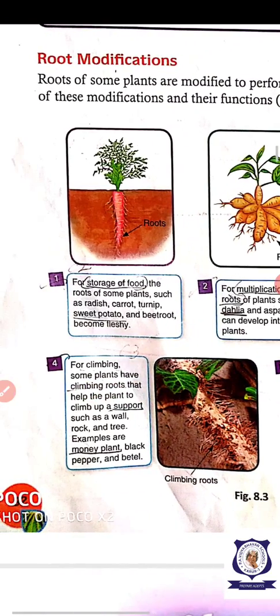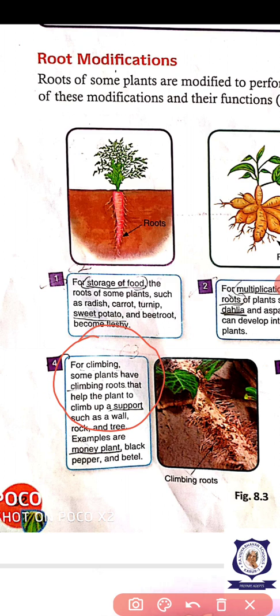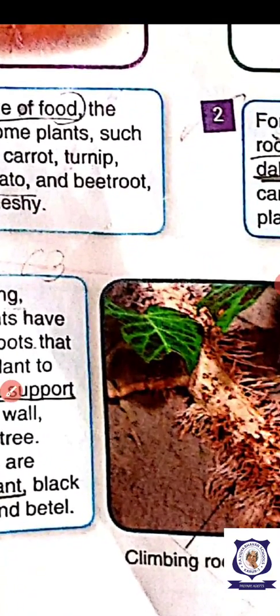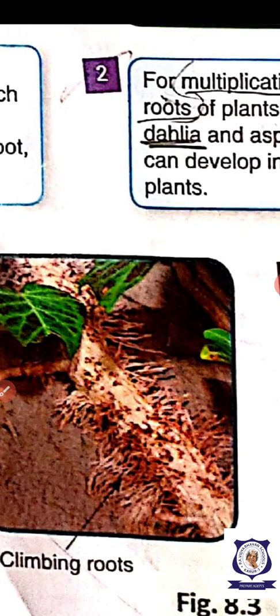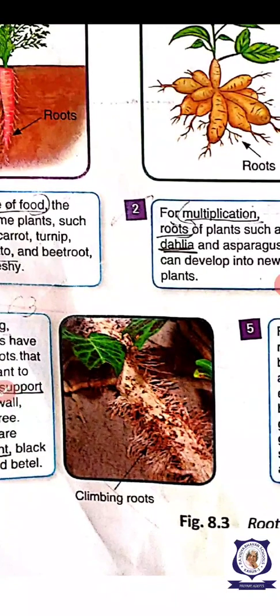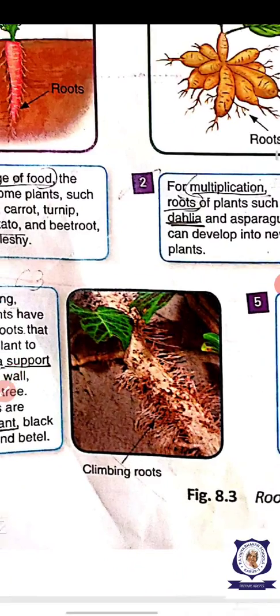Okay, and the next function is climbing root support. You know climbing plants. What are the climbing plants? That is the betel, money plant, isn't it? And pepper vine, pepper plant. These all have climbing roots.